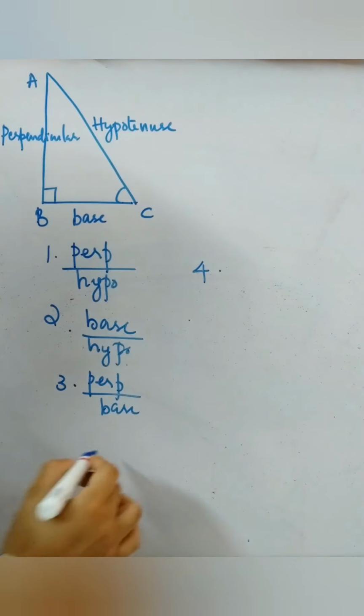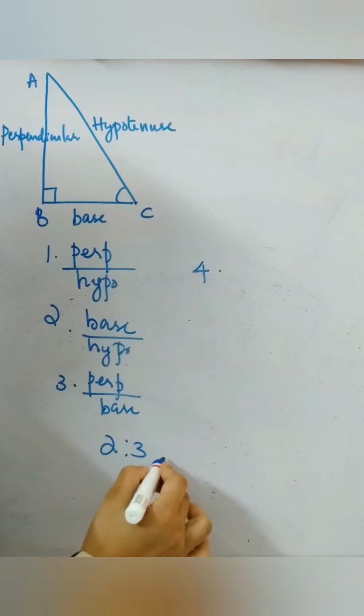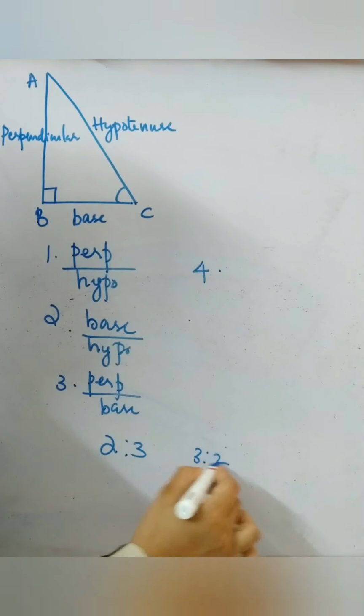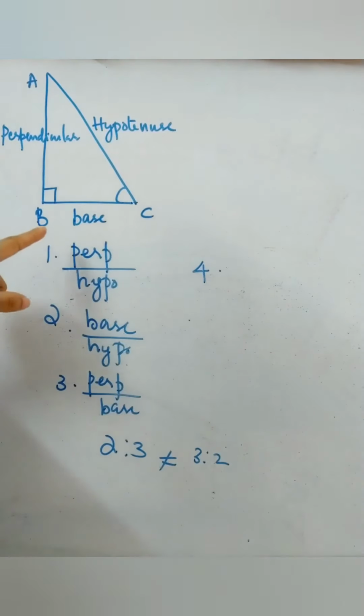We know that the ratio 2:3 is different from that of 3:2. They are not equal. So if we can find the ratio between perpendicular and hypotenuse, I can also find the ratio between hypotenuse and perpendicular.